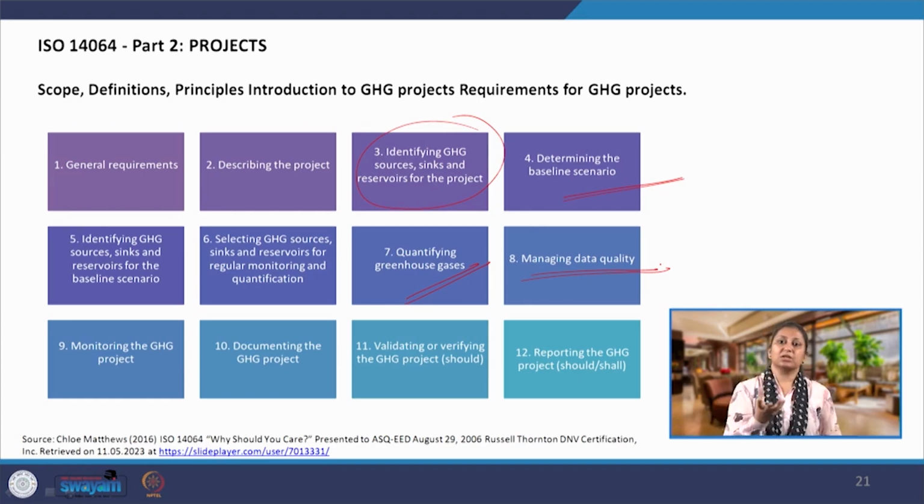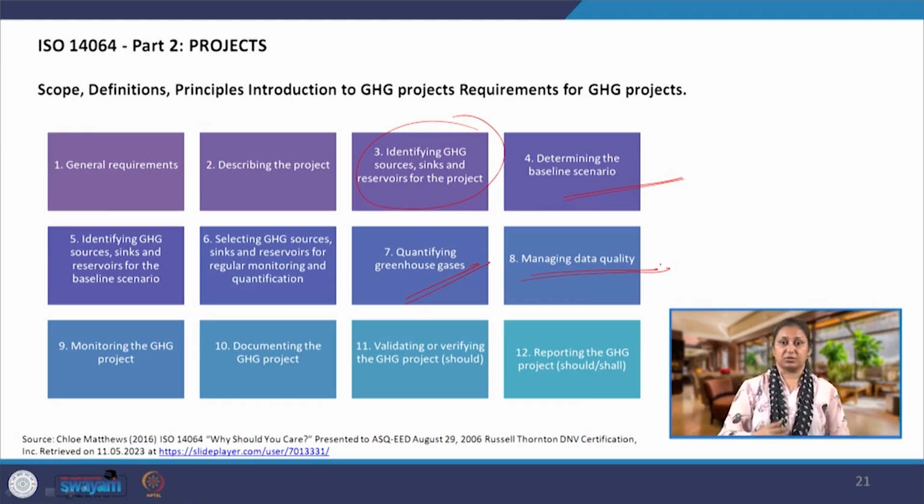If it is just a total number, I may not know specifically where the energy is getting consumed. So, it is not only direct emissions but indirect emissions too, and I have to know these specific points. This is what we are talking about, managing the data and its quality.